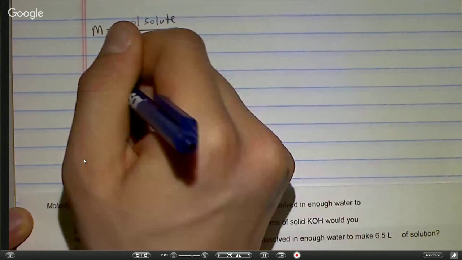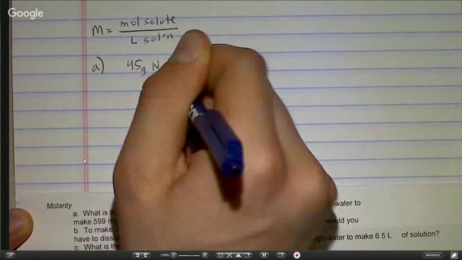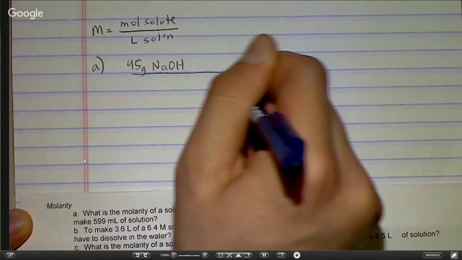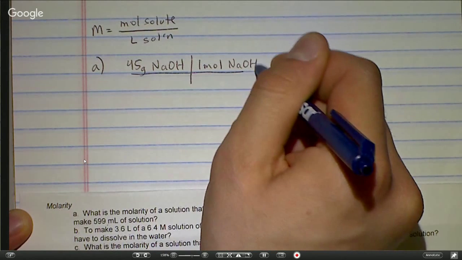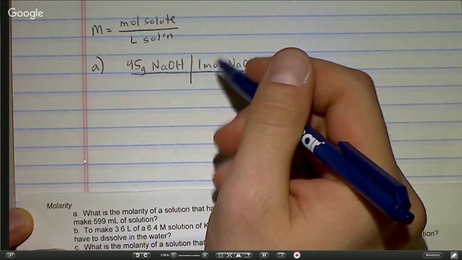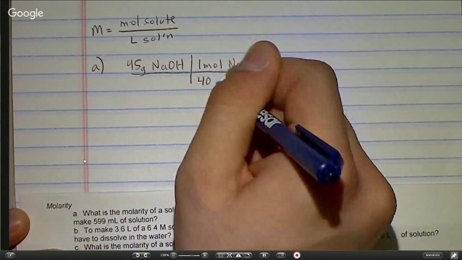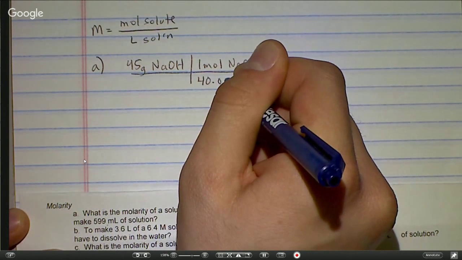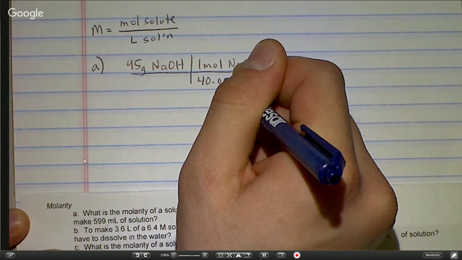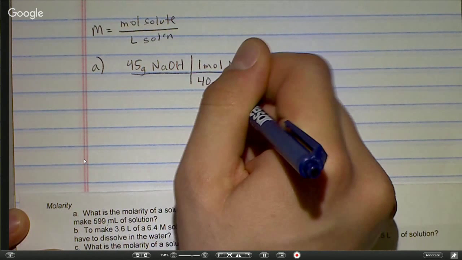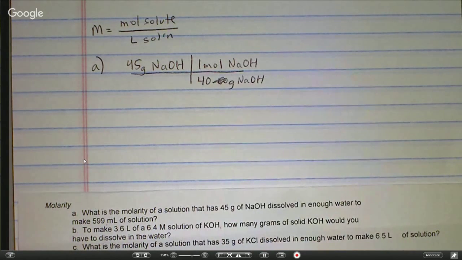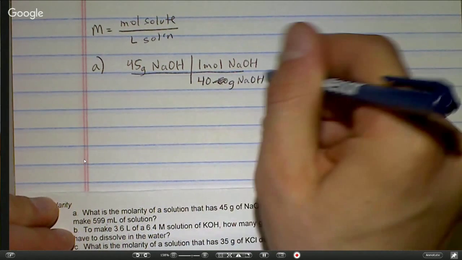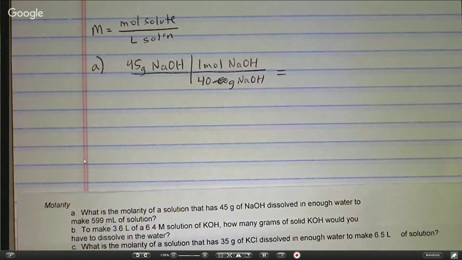So for A, we need to change our 45 grams of NaOH into moles. We can use molar mass as a conversion. Let's see, sodium, so it's about 40. Let's call it 40 grams of NaOH, right? Okay, this will get us a number of moles.